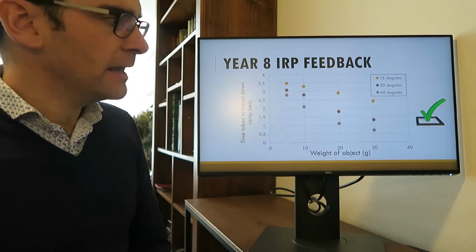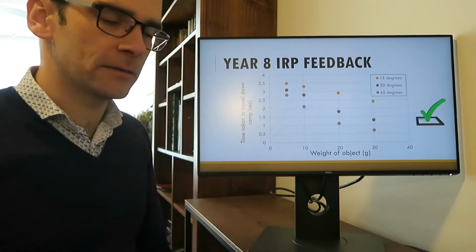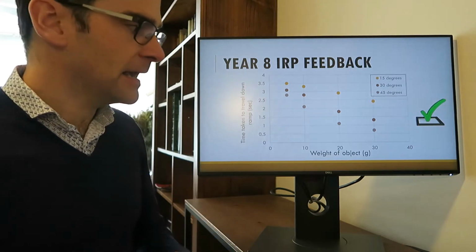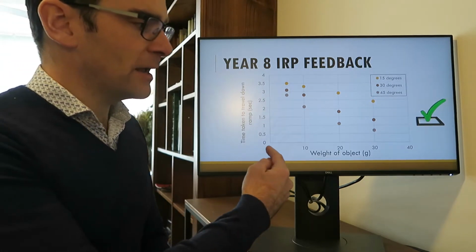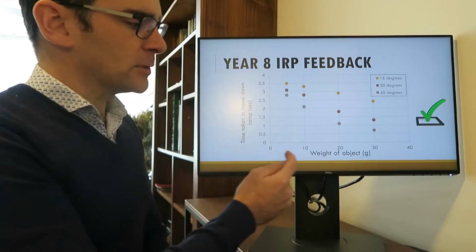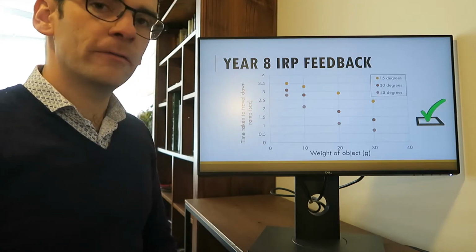In this case I've chosen to use dots instead of columns. In this case either one's fine, but because we have what's called a continuous variable on the x-axis as well as a continuous variable on the y-axis, I prefer to use dots.